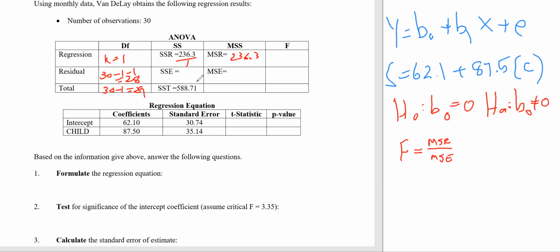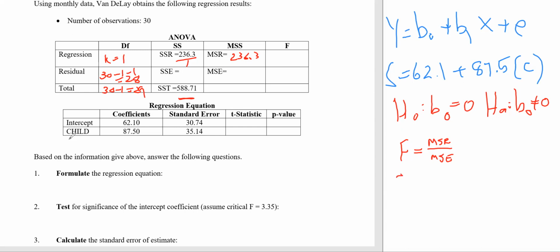Okay, I just wanted to back you up here. We've got the SST, the total variation, and the variation in the regression. So we can calculate this just by doing some subtraction. Let's write it on the side so we can see this here.